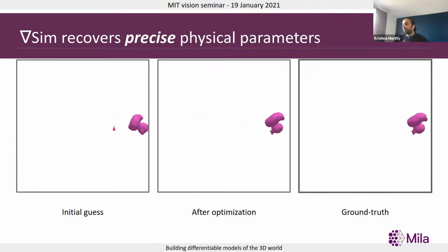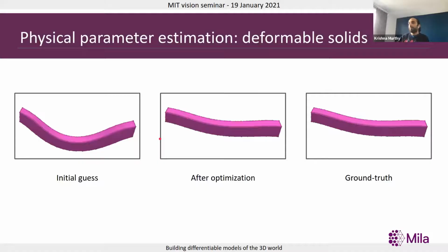It's also important to be very precise in parameter identification, because if you get the friction coefficients or other contact parameters wrong, you might often have very minor, barely observable differences in the end state. We're actually able to recover even these tiny differences quite well.